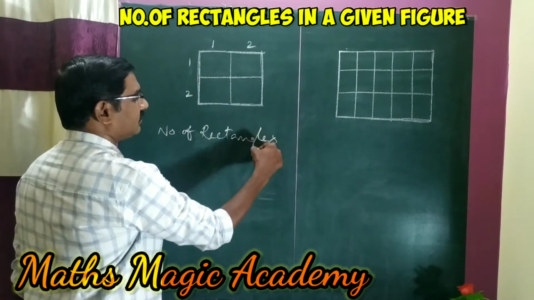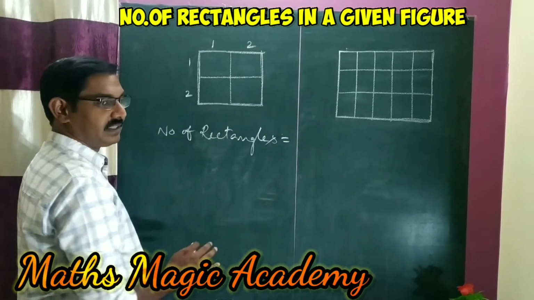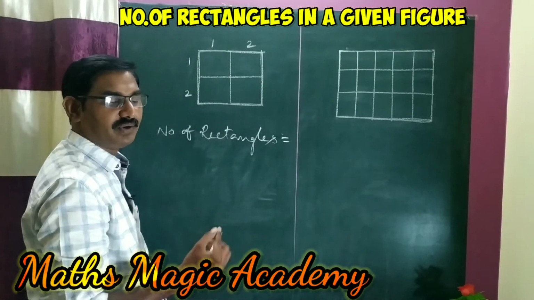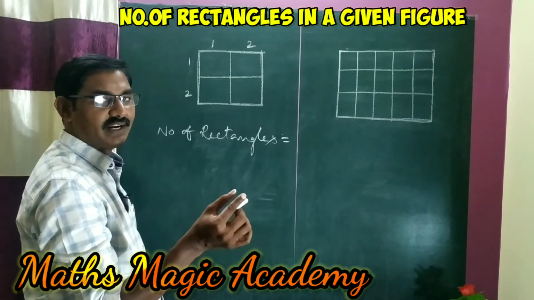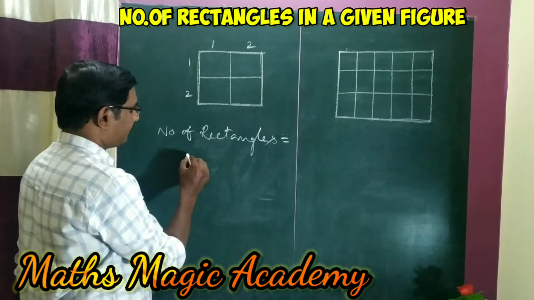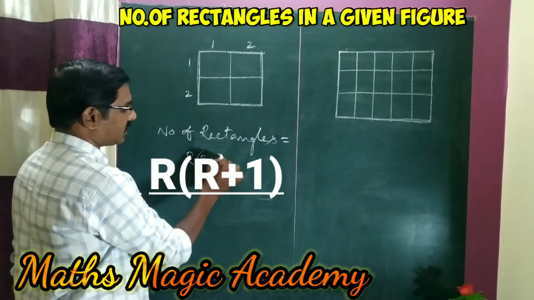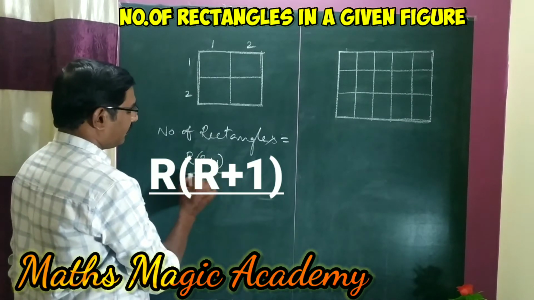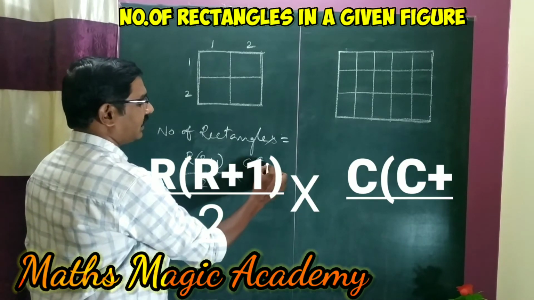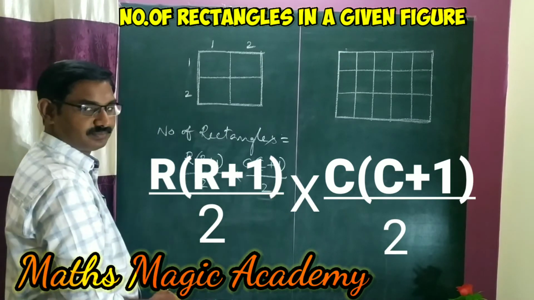rectangles in a given figure, if you want to find, then I will give a simple formula. Based on this simple formula you can apply it anywhere and find the number of rectangles in a given figure. That is rows into rows plus 1 by 2, into columns into columns plus 1 by 2.